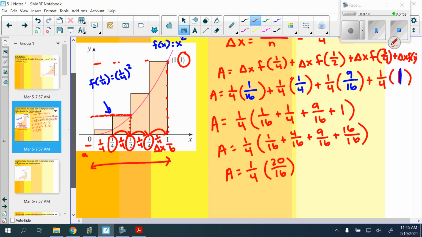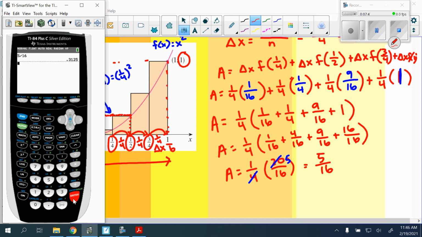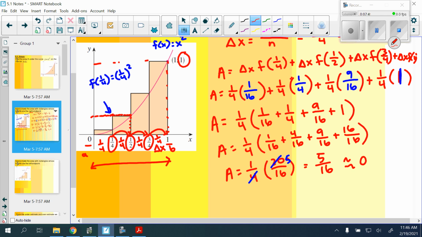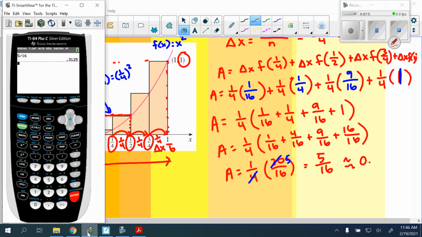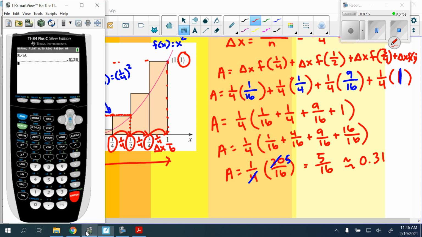And if we simplify that, I think 4 goes into here 5 times. So the exact answer would be 5/16. If we approximate that, 5/16 looks like the approximate answer is about 0.3125.